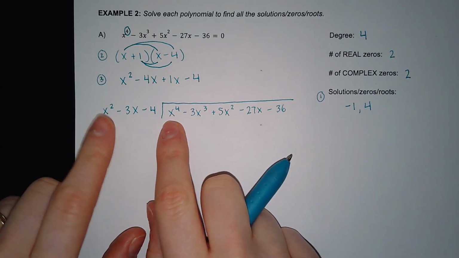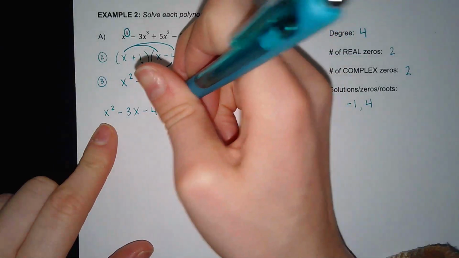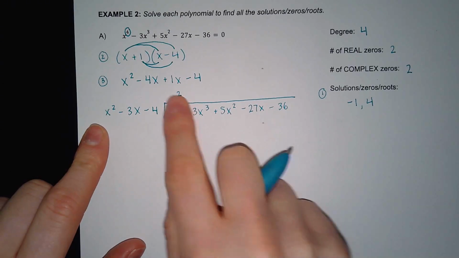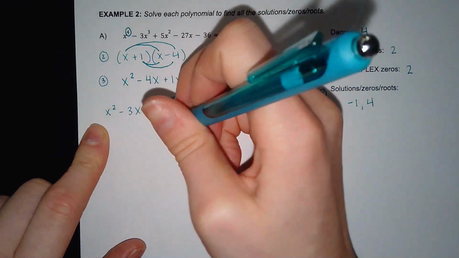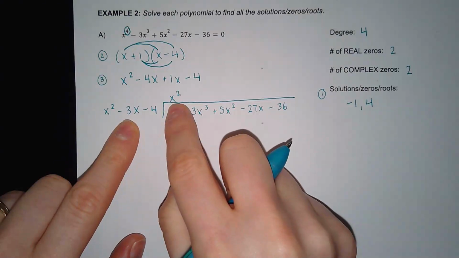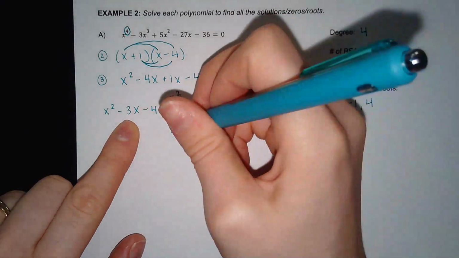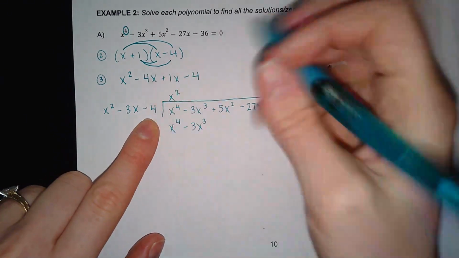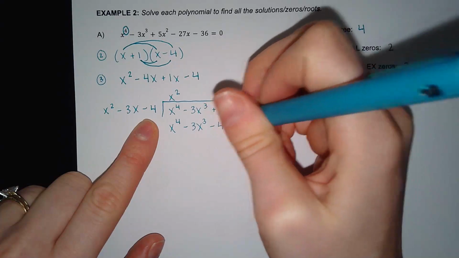To take x squared and get x to the 4th, I would want to multiply by x squared. We'll go ahead and multiply. X squared times x squared is x to the 4th. X squared times -3x is -3x cubed. And x squared times -4 is -4x squared.